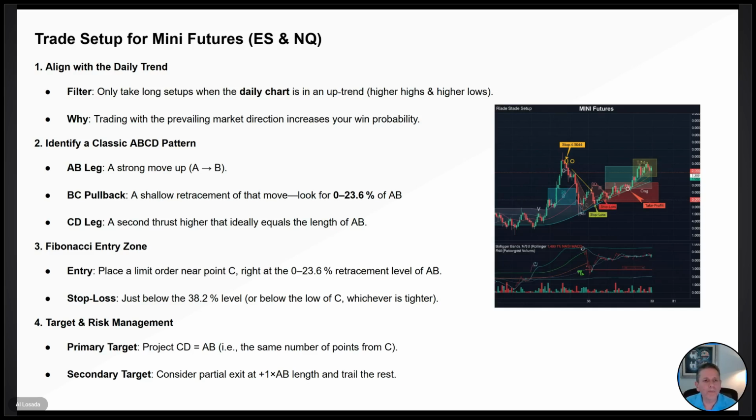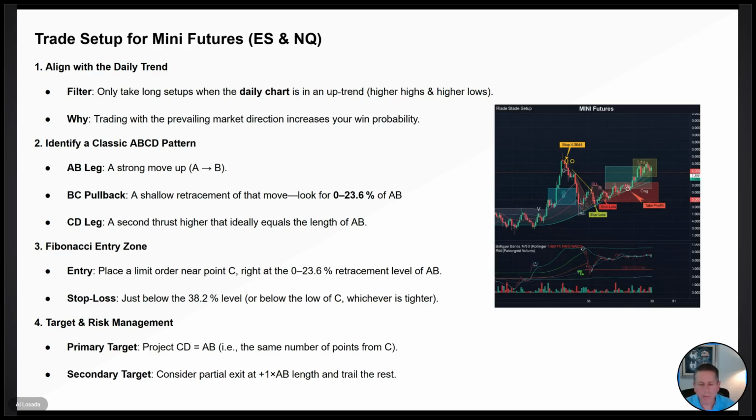Okay, so the first thing is you want to understand what your daily chart is and what the setups are. The reason is that trading with the market continues to increase your winning probability. Okay, so identifying the ABCD pattern.